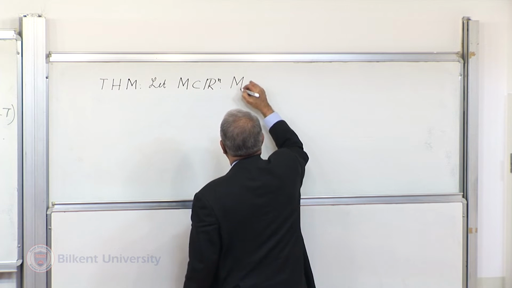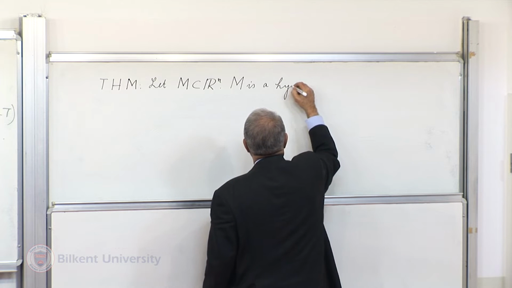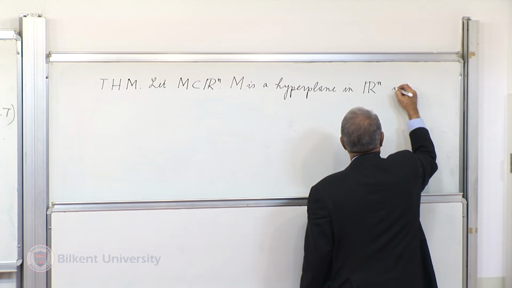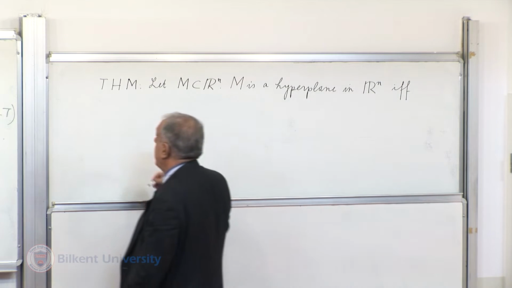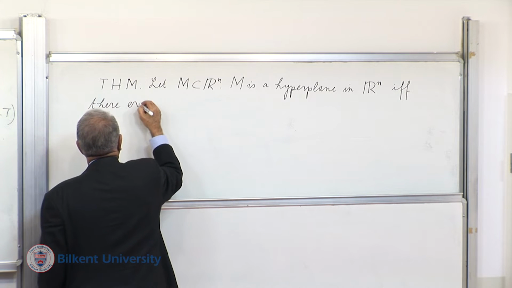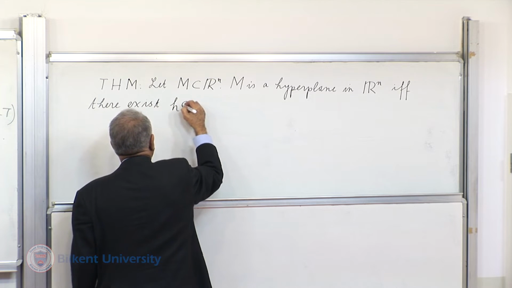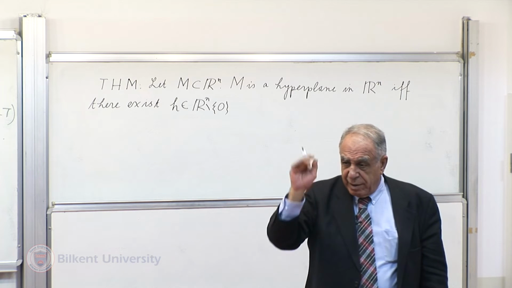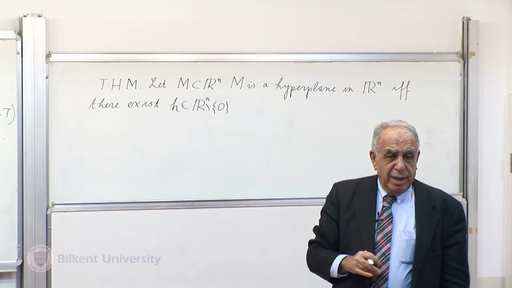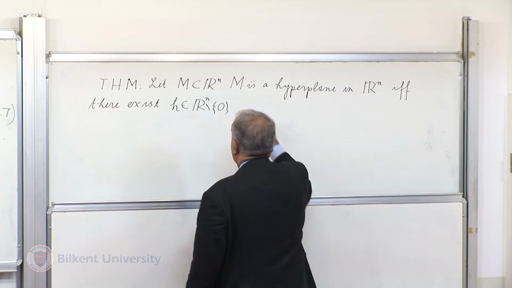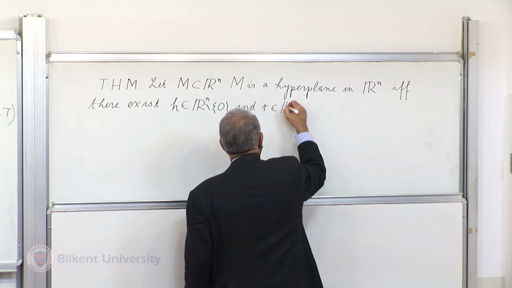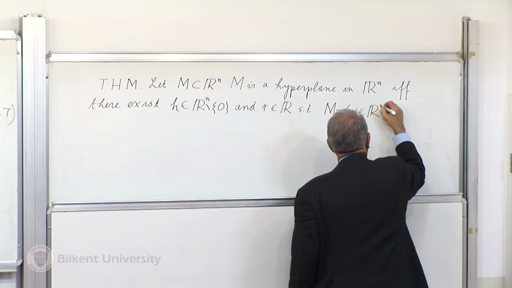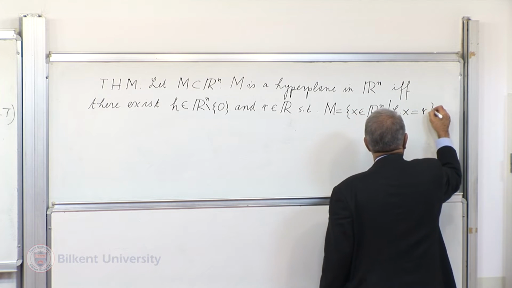M is a hyperplane in Rn if and only if there exists a non-zero vector h in Rn, which is now the generalization of a normal vector to a plane in R3, a normal vector to a line in R2, and some real number r such that M is just the set of all x in Rn such that h dot x is equal to r.